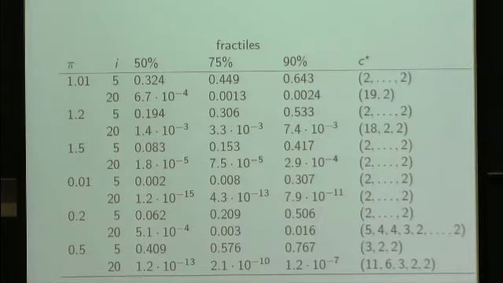And here are just some sample calculations. Here we have a sample of size 5, and we compute the most likely path for the beta coalescent with parameter alpha 1.01, 1.2, and 1.5.